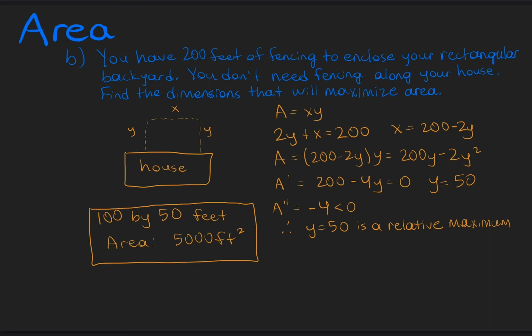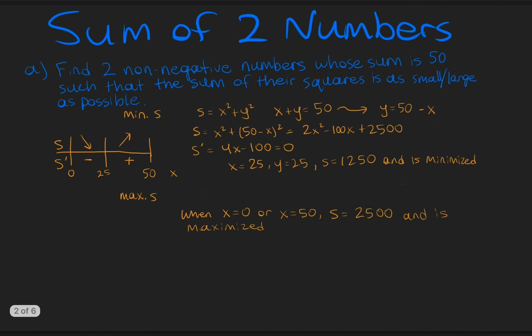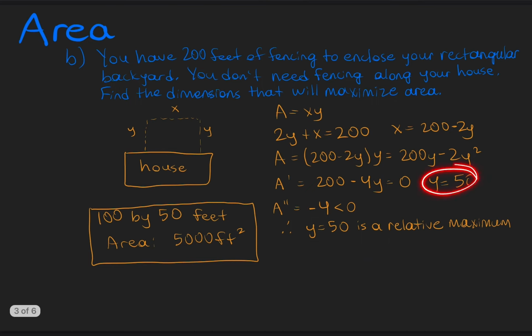Instead of doing this chart over here to find out whether our critical value is a relative maximum or minimum, we can also use the second derivative test, which basically takes the derivative of the derivative at this particular point. And it turns out that the second derivative is negative.